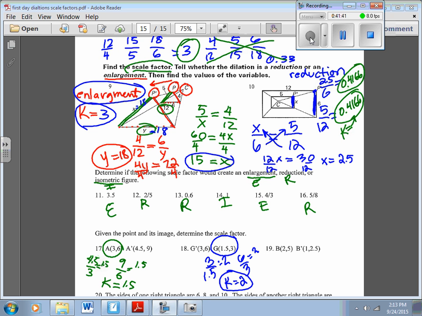Yep. All right, number 19, is it a reduction or enlargement? That one's a reduction. Notice the original is 2,5, and it went to numbers that are smaller.